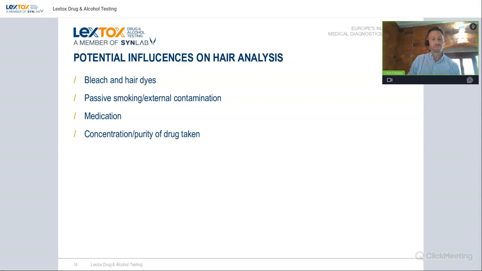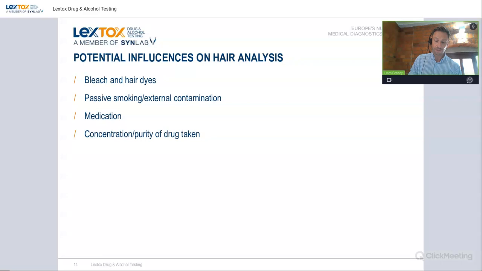We can still test hair which has been bleached or chemically treated through hair dye, but the level that we expect to see would be lower than if the individual hadn't used such treatments. So if somebody was a regular user of drugs and they did bleach or dye the hair, then the level we would detect would be lower, but we can still detect it.